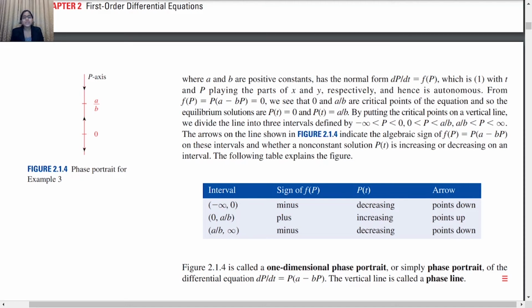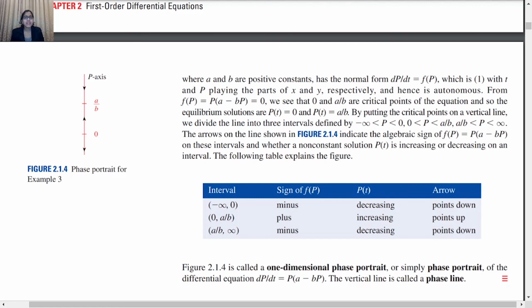So once we get the critical points, we can draw the corresponding phase portrait. How? We just have to draw a vertical line, and this is the case of two critical points. If you have more, you have to divide it correspondingly, consider the intervals, and see whether the function f of p becomes negative or positive.